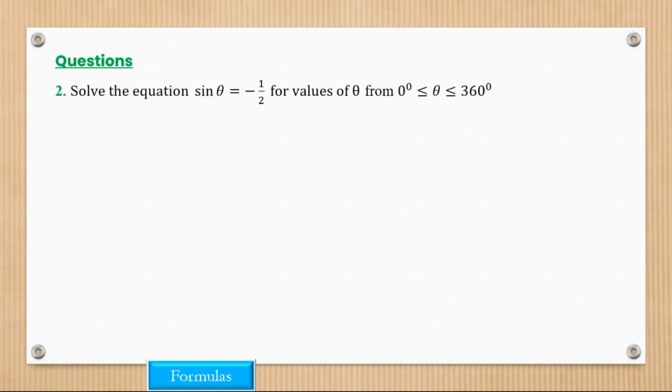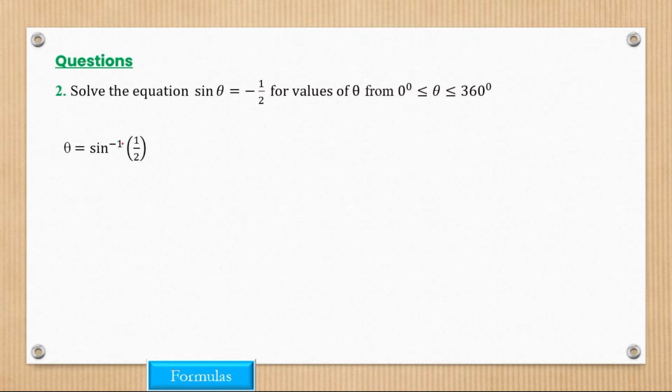So let's look at the second example. Here we have sine theta equal to -1/2. Now pay attention to this negative sign because it means something. For values of theta from 0 to 360, so again we are only doing anti-clockwise rotation, no clockwise rotations in this example, just like in the former example.